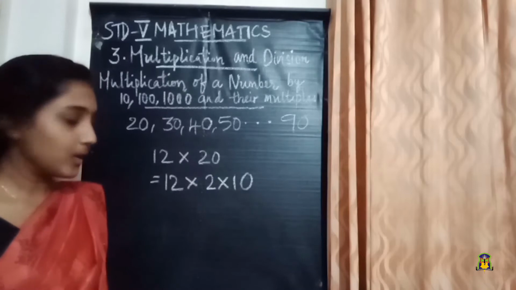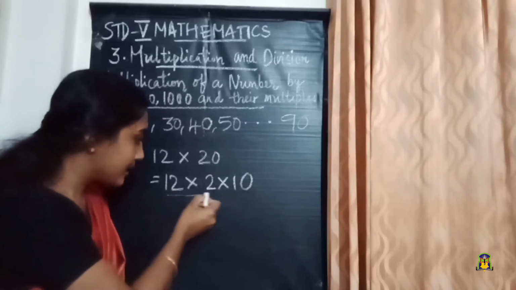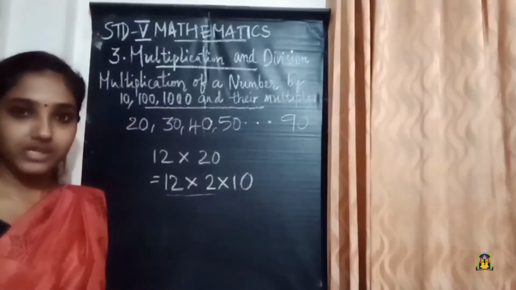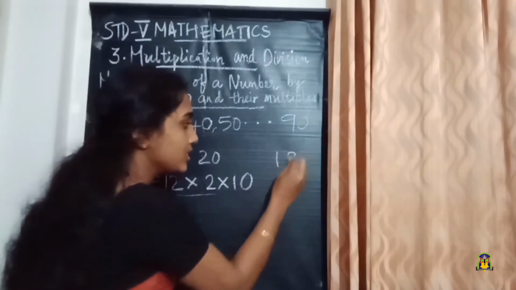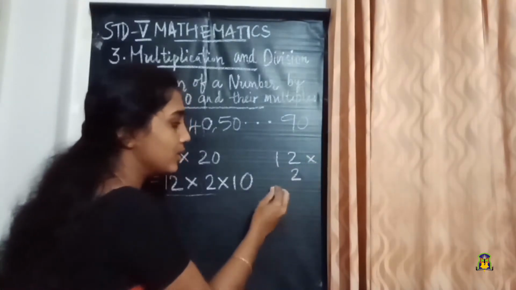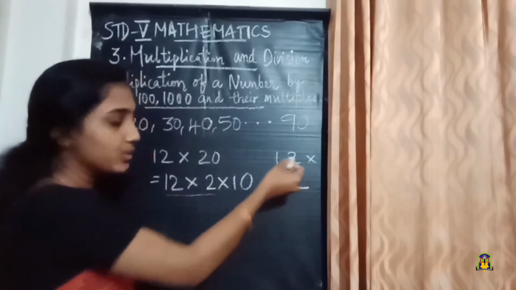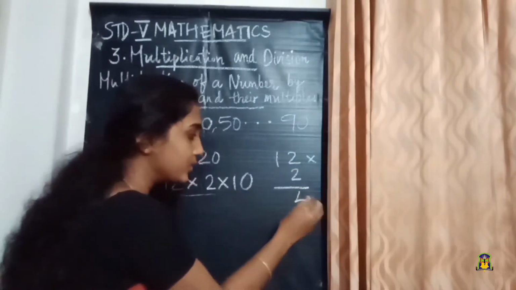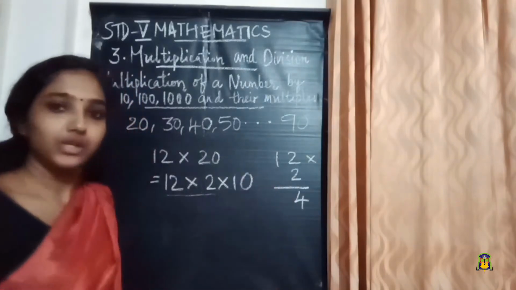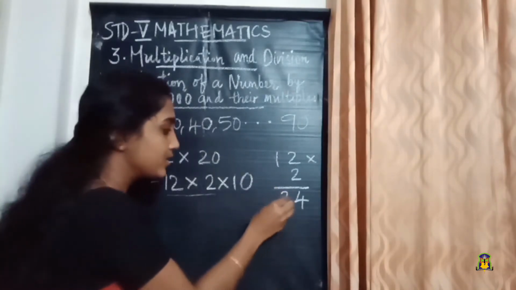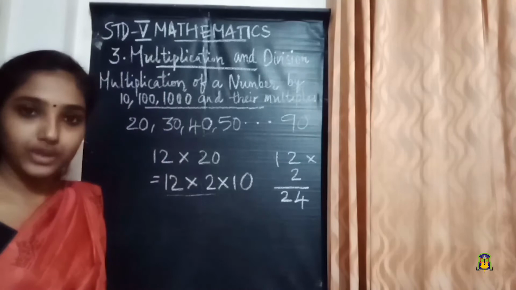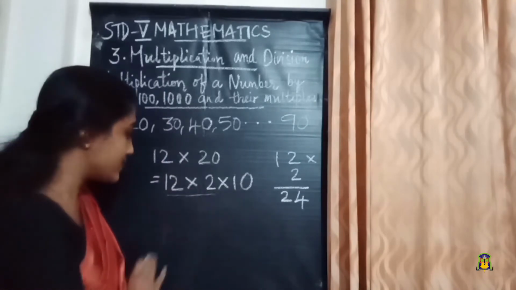Now we can multiply 12 into 2 first. 2 into 2 gives 4. Then 2 into 1 gives 2 itself. So 12 into 2, the answer is 24.